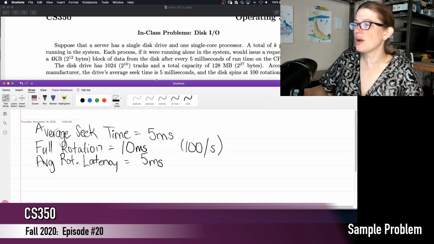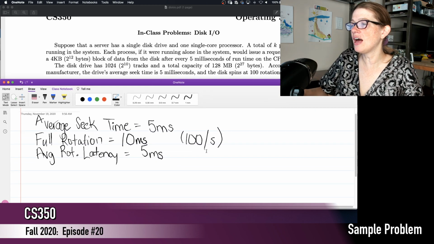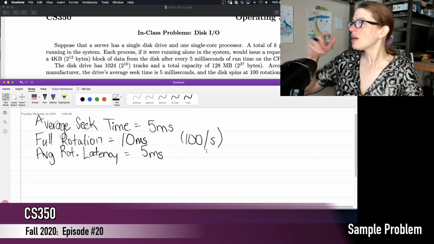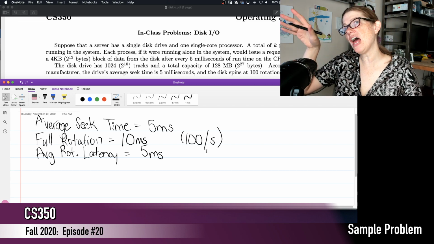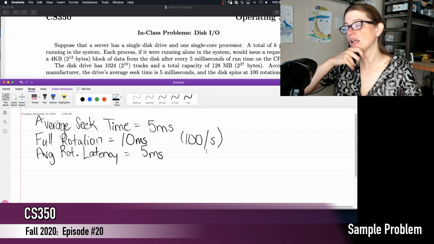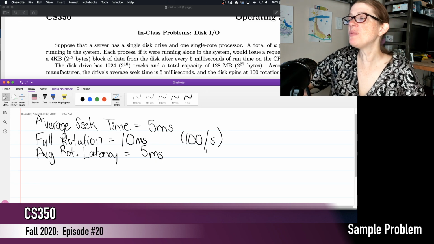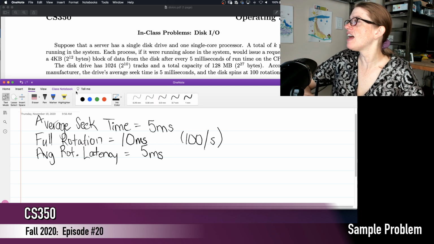Now, the next question that we have is the transfer time. Now, to compute the transfer time, we actually need to figure out what portion of a track we are actually reading. Like, how long of a sequential thing is that? So first we need to figure out how much data is actually in a track.